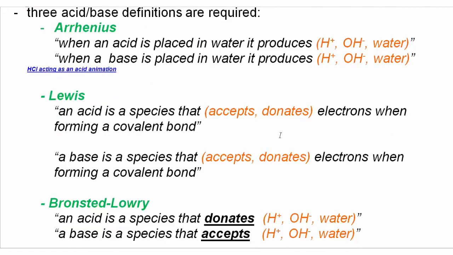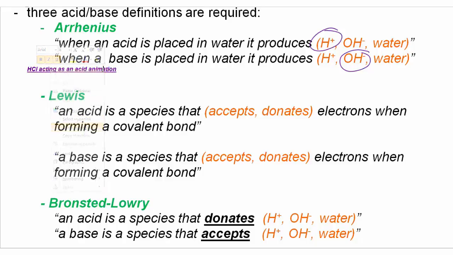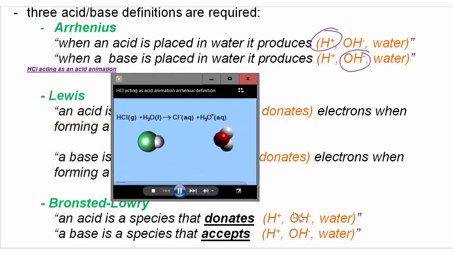So we need 3 acid-base definitions to take care of all the acids and bases that we know of on the planet. So the first idea here is what Arrhenius gave us. And we talked about when an acid is placed in water, it produces a lot of hydrogen ions. When a base is put in water, it produces a lot of hydroxide anions. Okay. Hydrochloric acid is a good Arrhenius acid. Show you what I mean.